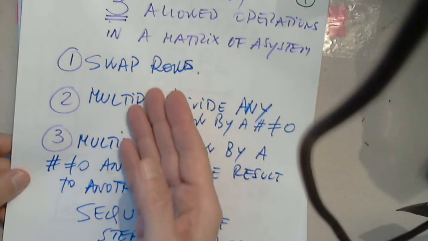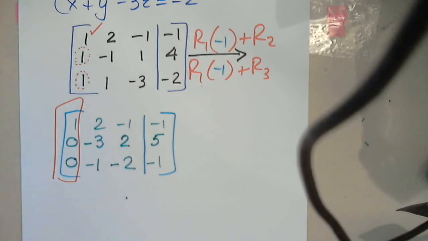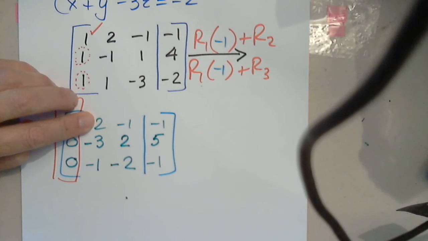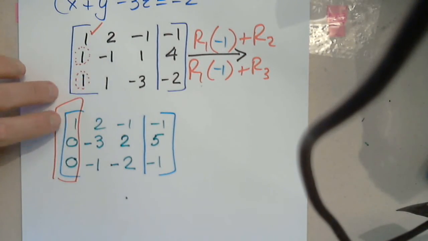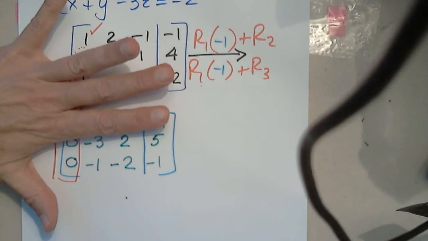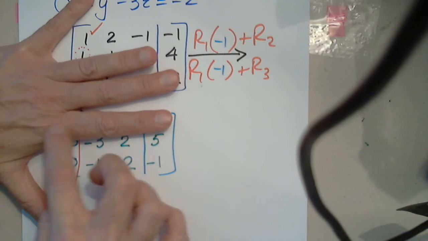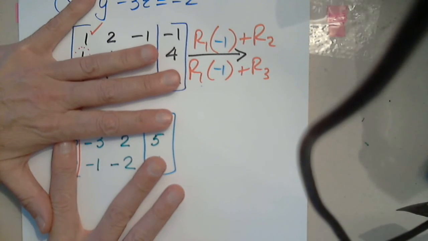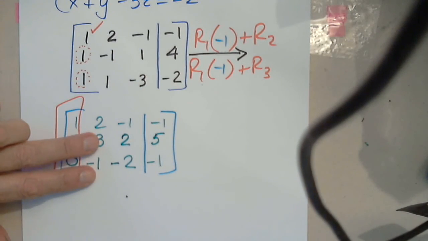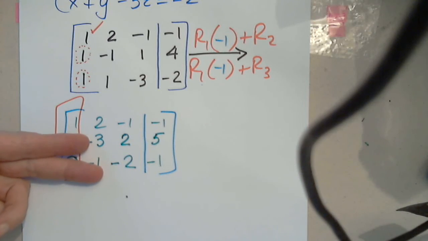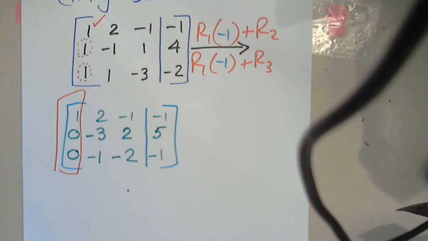Is there another option looking at this number? I can't change this because this is carved in stone. This row and this column are fixed now.